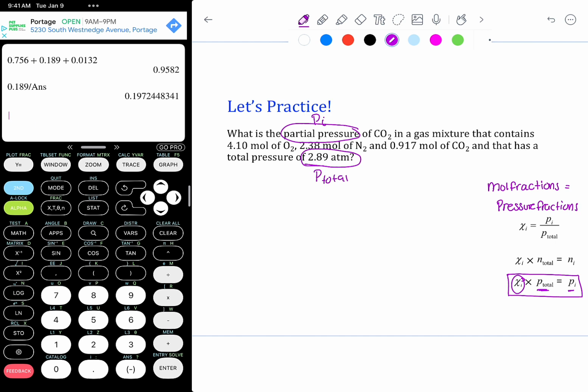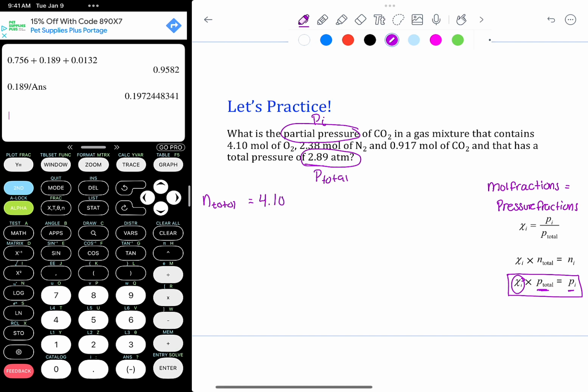So if we know the mole fraction, we can find that that is the pressure fraction. So we'll go about finding n total and chi for the moles, and then use that to find the partial pressure.